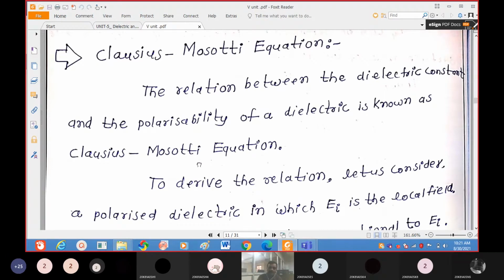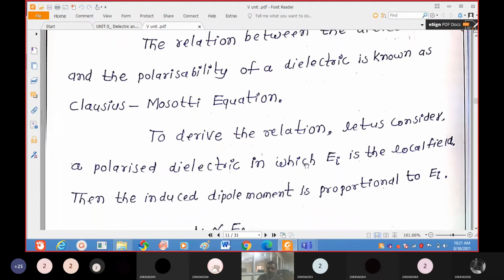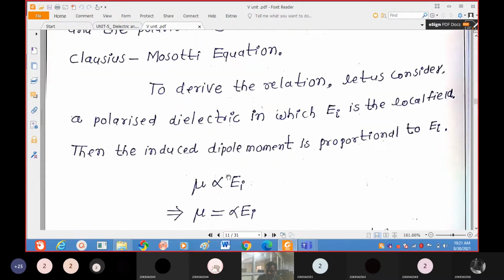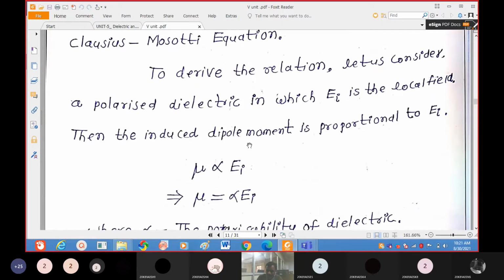Now, to derive the relation, let us consider a polarized dielectric in which Ei is the local field. Then the induced dipole moment is proportional to Ei, the local field acting on the dielectric material.